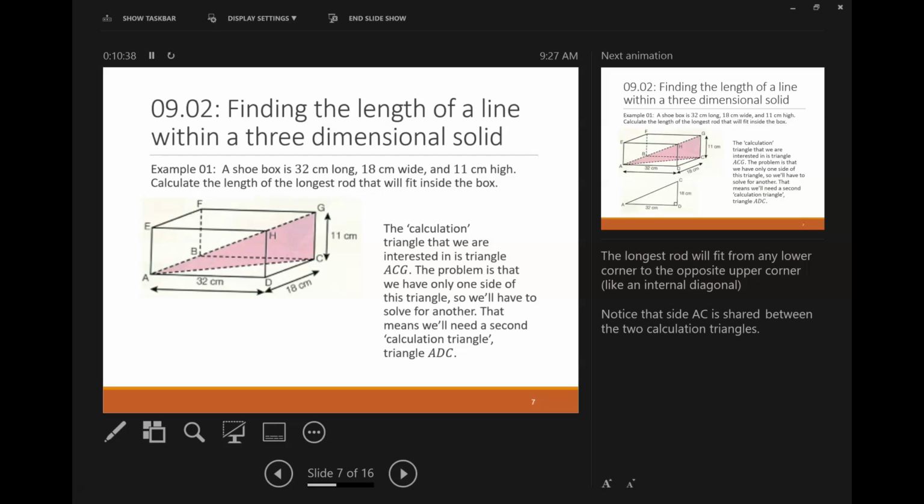So my first step is to draw in a picture, like what we've done here, and identify a calculation triangle. So the calculation triangle that I've identified here is this one, AGC. It's the only right triangle that's going to include that side AG. Right? Is everybody okay with how I've drawn this in?